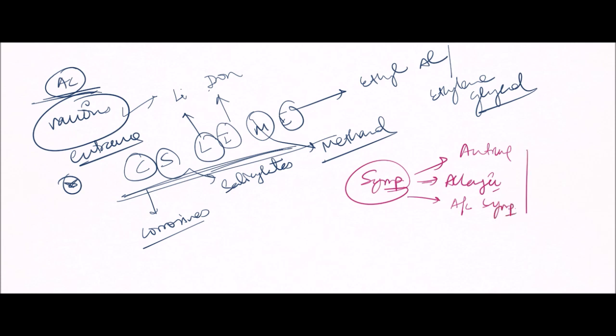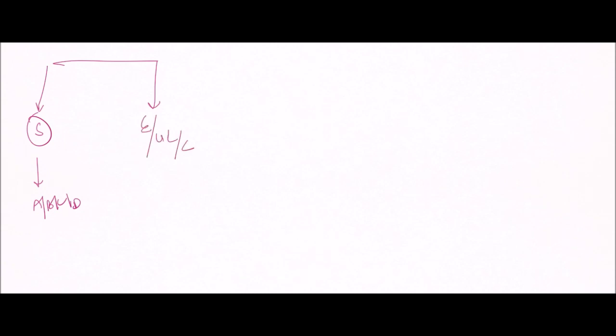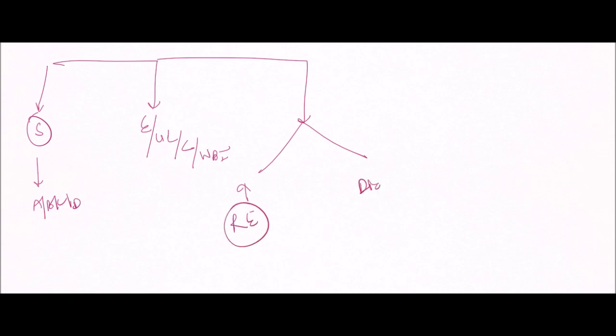To recapitulate, we have 5 steps. First is the step of stabilization, that is A, B, C, and D. Then how to remove unabsorbed poison by emetics, gastric lavage, catharsis and whole bowel irrigation. Step number 3, how to remove absorbed substance, by increasing renal excretion, or by dialysis, whether hemodialysis or peritoneal dialysis.